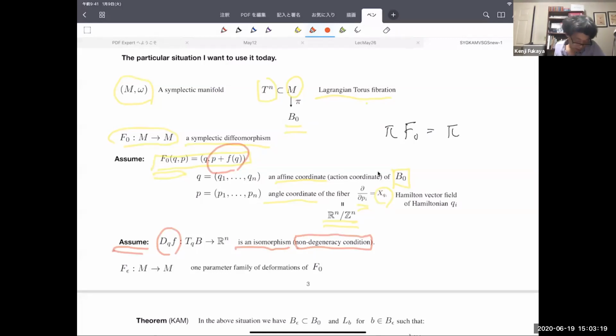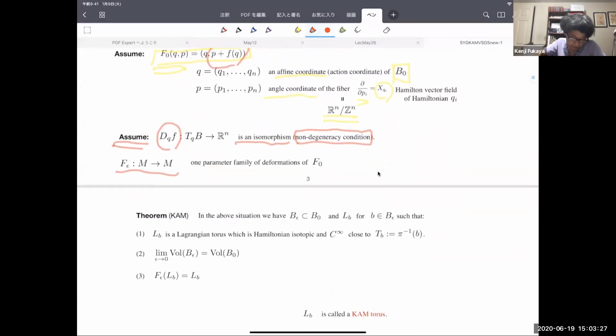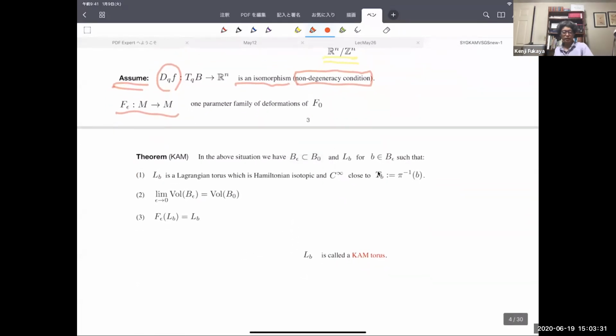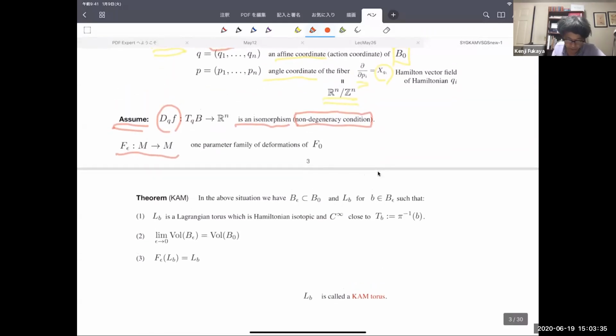And we consider a one-parameter family of deformations of this symplectic diffeomorphism, so every F_ε is a symplectic diffeomorphism. Now the famous theorem, which is a version of the KAM theorem, is the following. In this situation, for this F_ε, you have a subset B_ε of the base space, and for each element b of B_ε, you have L_b, a Lagrangian torus.